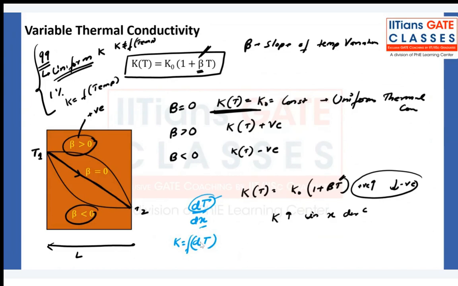And if thermal conductivity is also varying with x, there may be a variable x here as well. But whatever the relationship is, it will be given in the question. You don't need to worry about how conductivity is varying with temperature or space. Is it clear? Yes, sir. Okay.